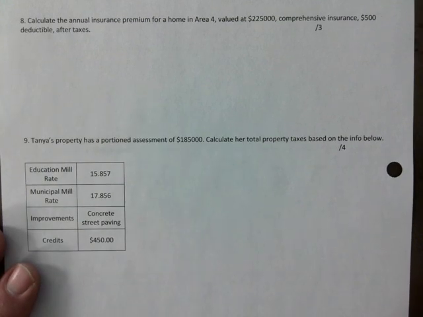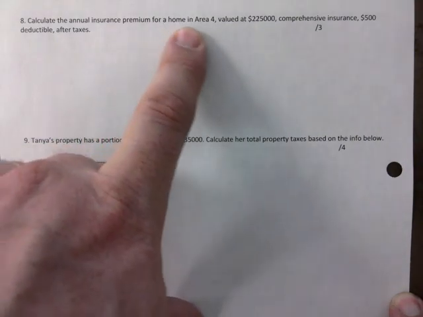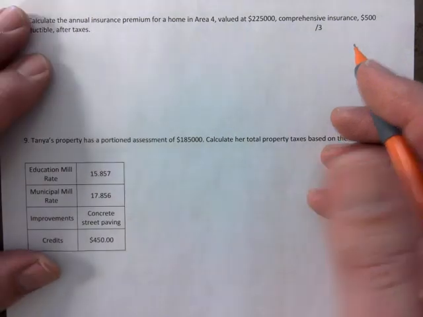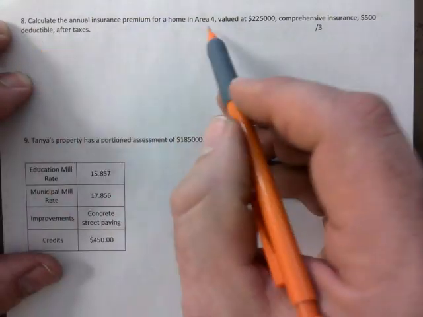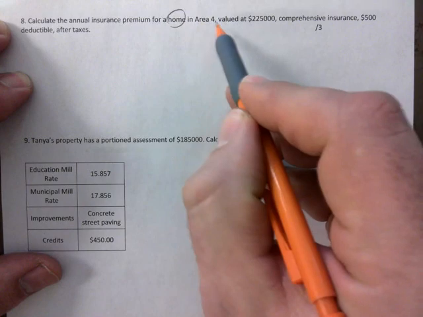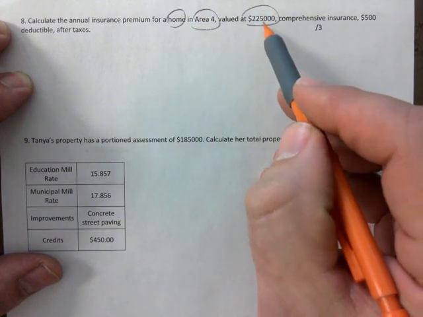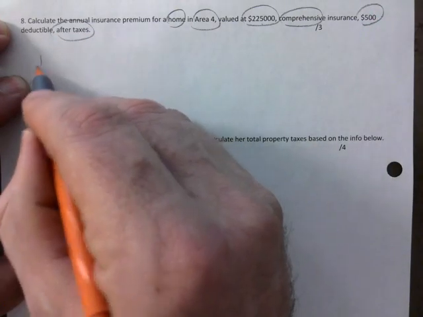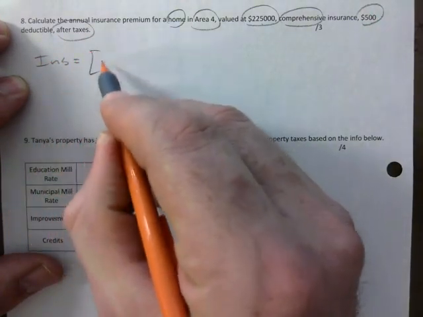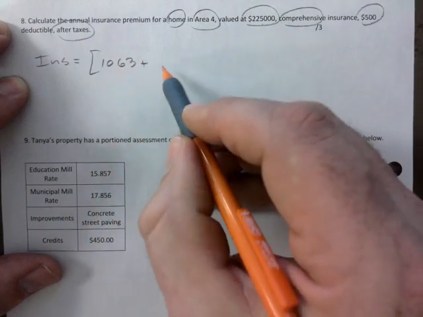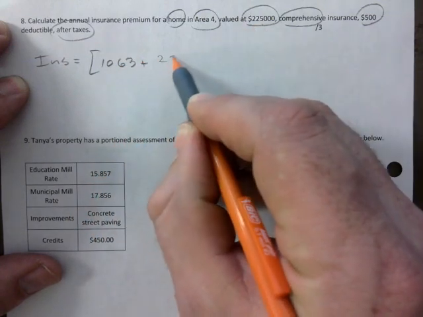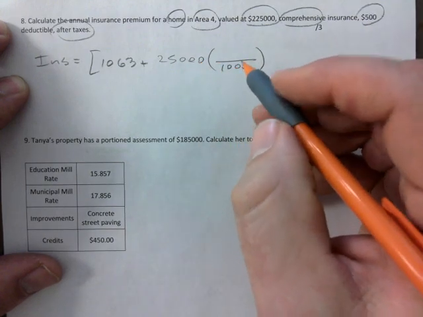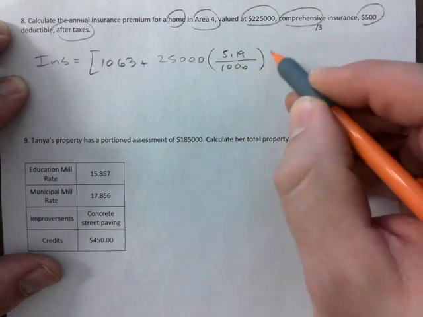But calculate the annual insurance premium for a home in Area 4 valued at 225,000. More insurance? Are you kidding me? So this one has a lot. It's homeowners, in Area 4. It is over the 200,000. It's comprehensive, $500 deductible, after tax. So here it is, 1,063 plus. You're over by 25,000. You pay $519 per $1,000.